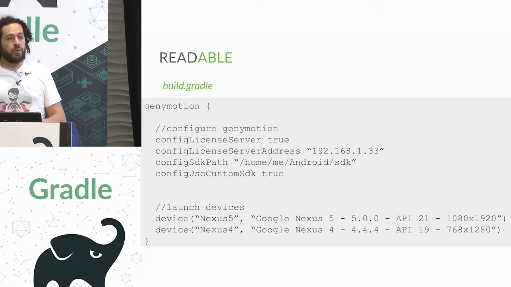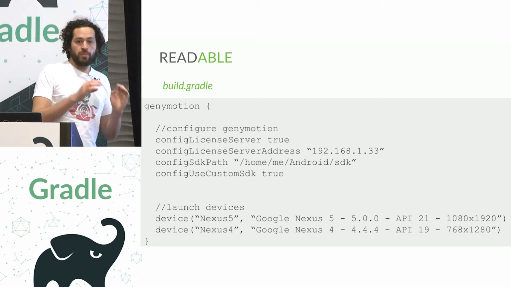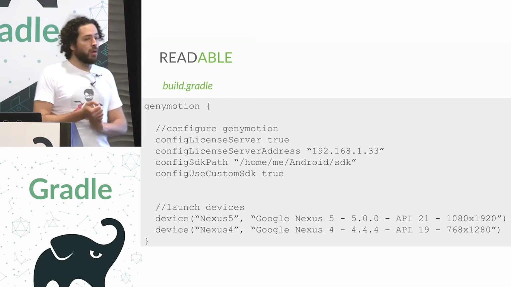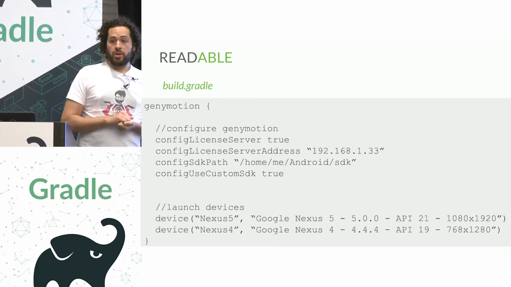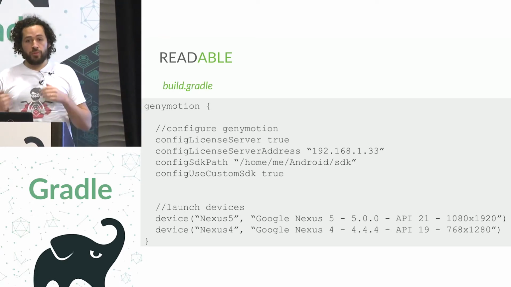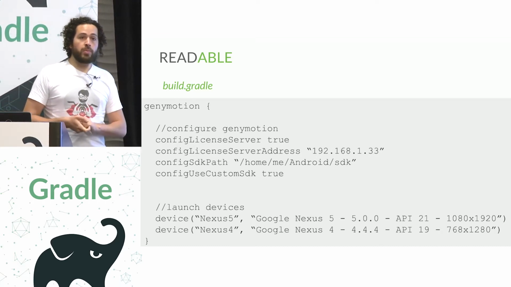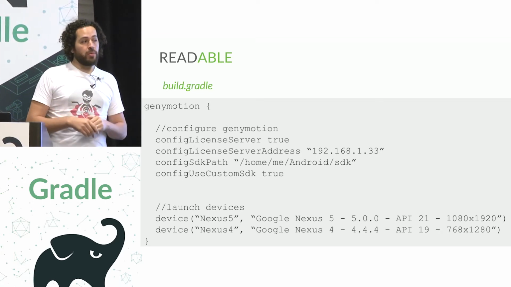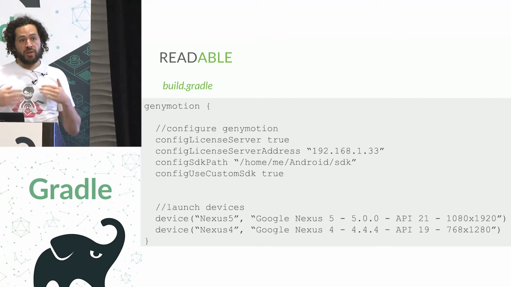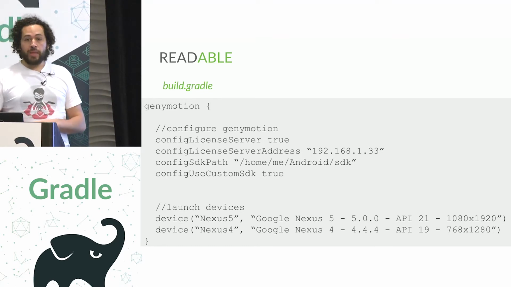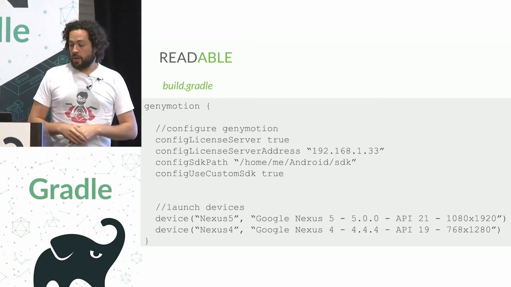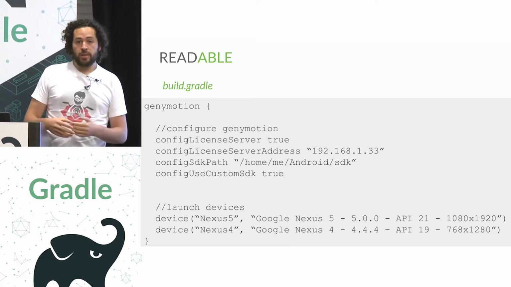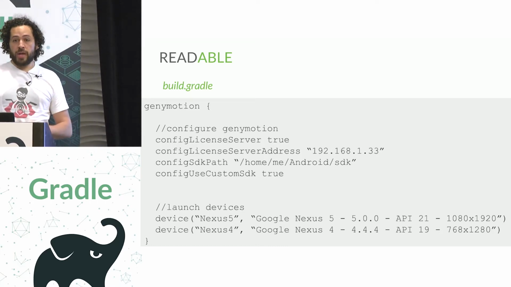Now I will tell you a little bit more about Genymotion. Genymotion is an Android emulator. What we wanted to do with our plugin is that people will be able to declare devices directly in their build.gradle. And when they launch their instrumentation task, we will launch directly and create, if needed, the devices that they declare in their build.gradle.